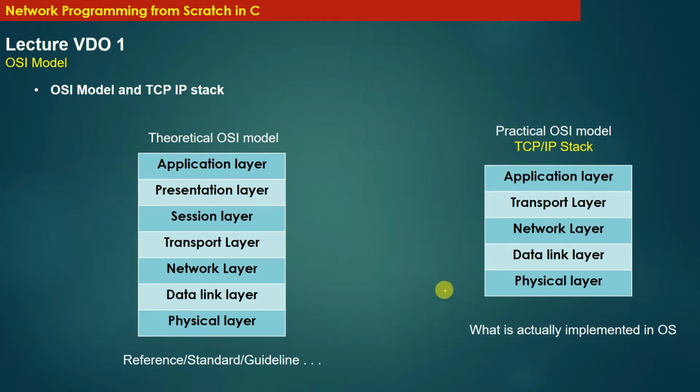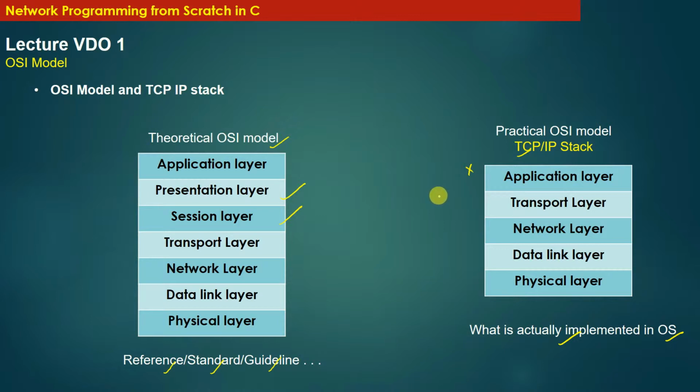As I said, the OSI model is just a reference, a standard, a guideline, whereas the TCP/IP stack is the actual implementation of the OSI model in the operating system. You can see the difference between them: in the OSI model there are the presentation layer and session layer, whereas these layers are not present in the TCP/IP stack.